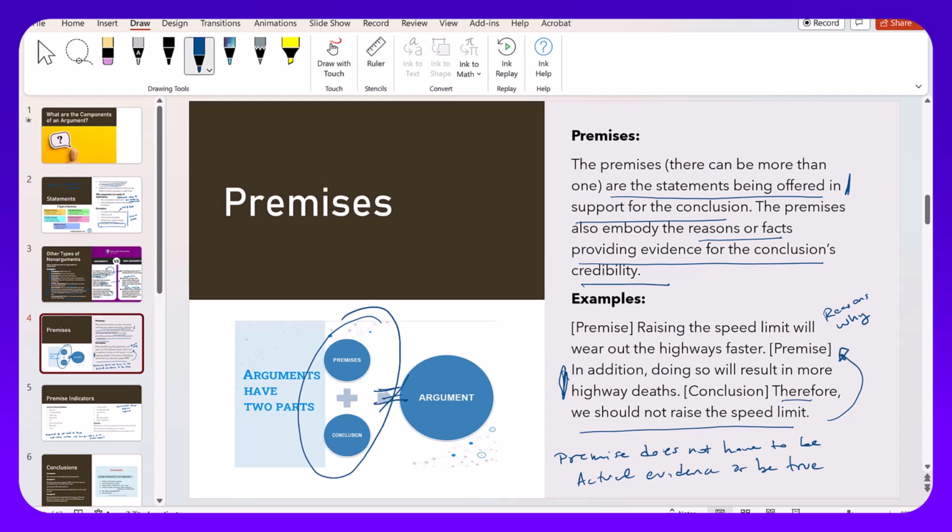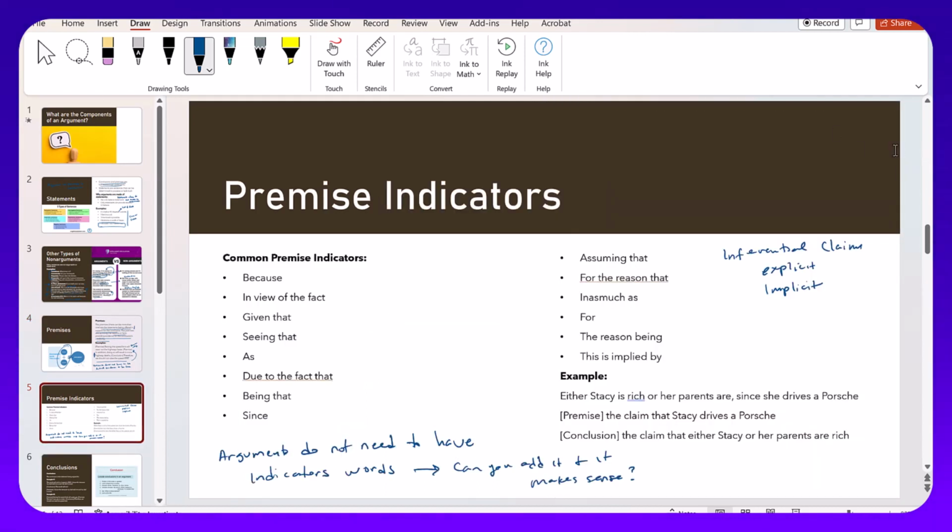However, if I then read the other part, which I did, and then say, therefore, genetic modification of food is risky business, it does make sense. And then those other two sentences clearly support the conclusion. So while you often are going to see a premise indicator or a conclusion indicator word, just because you don't see it doesn't mean you can dismiss it as an argument right off the bat. You can then add in the indicator words to help you determine if something is an argument.